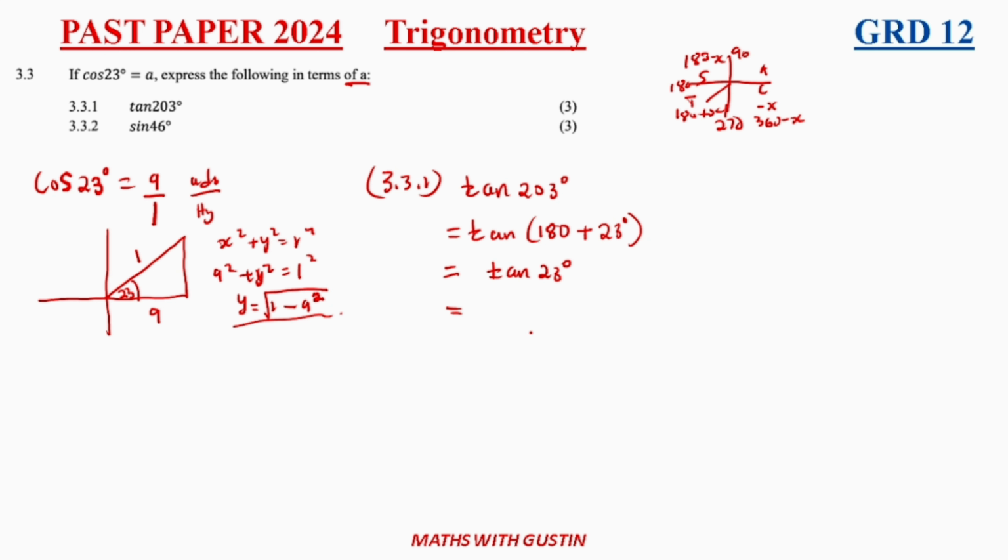We know that is given by opposite over adjacent, which is y over x. So it's going to be the square root of 1 minus a squared all over x, which is a. All right, so that's great.